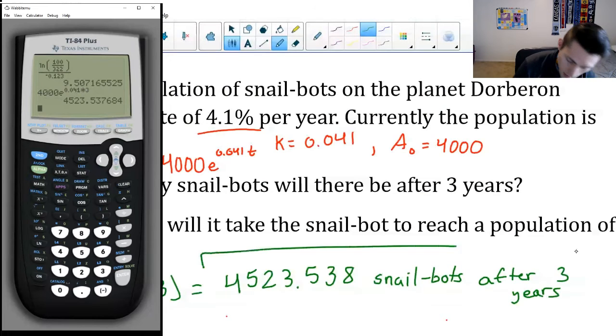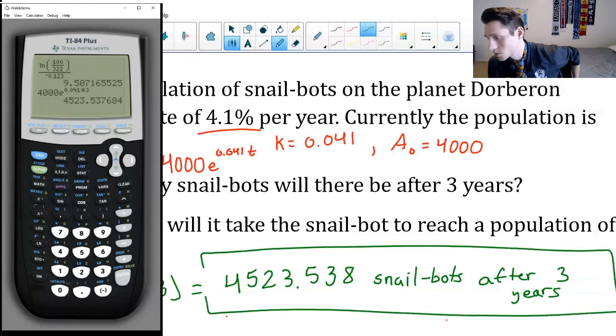Okay, I don't need to tell you guys how devastating a population of 4,523 snail bots could be. All right, we wouldn't stand a chance.